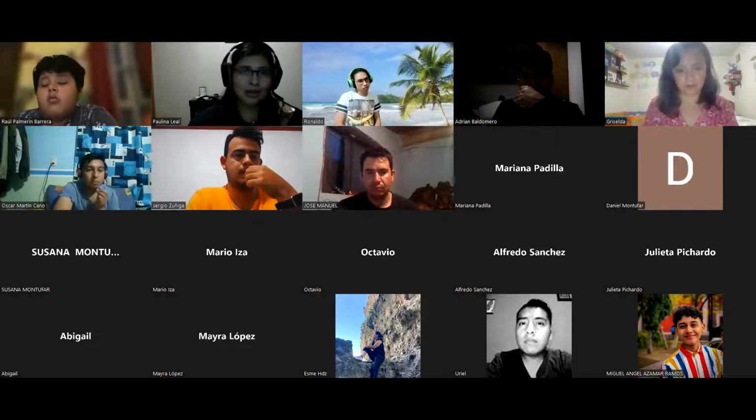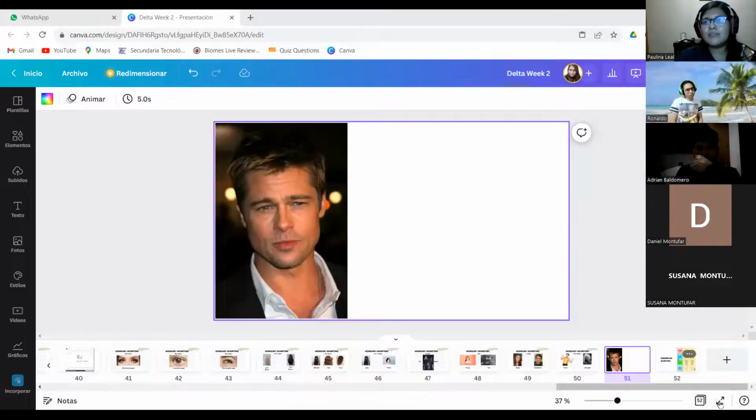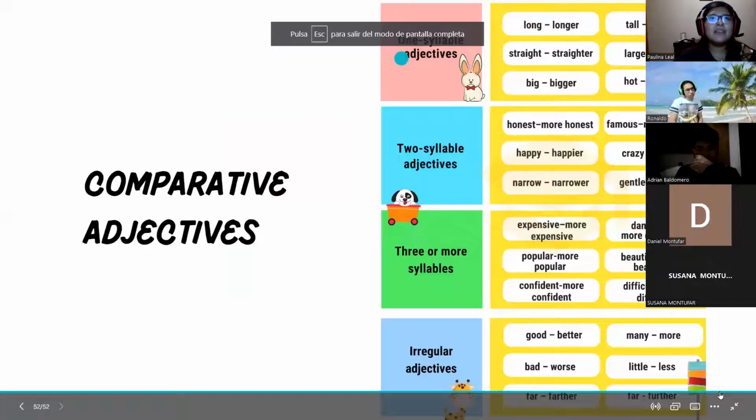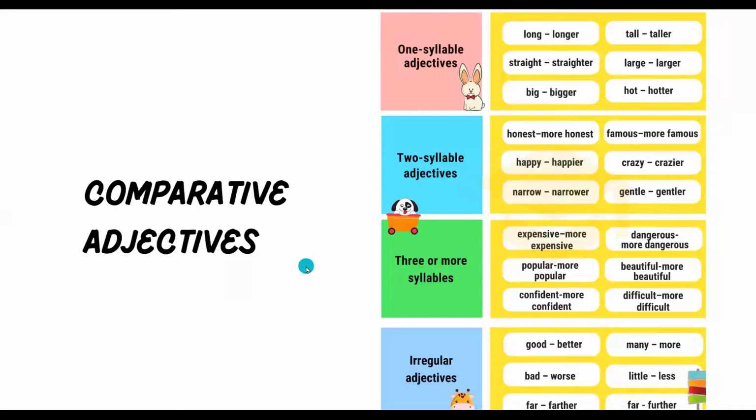I'm going to show you a few examples. Let's go back to Brad Pitt. Here we are. So when I want to compare one person to another, what I'm going to do is, number one, look at how long the word is. If the word is very short, then what I'm going to do is add the syllable at the end.